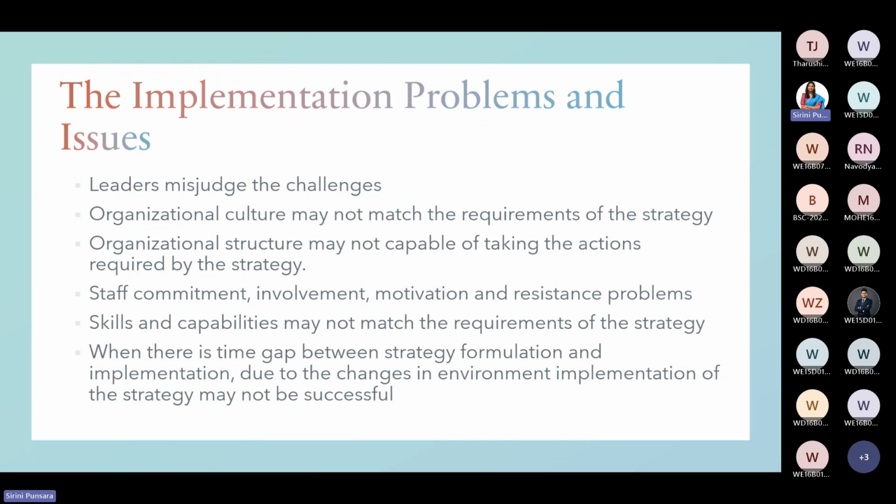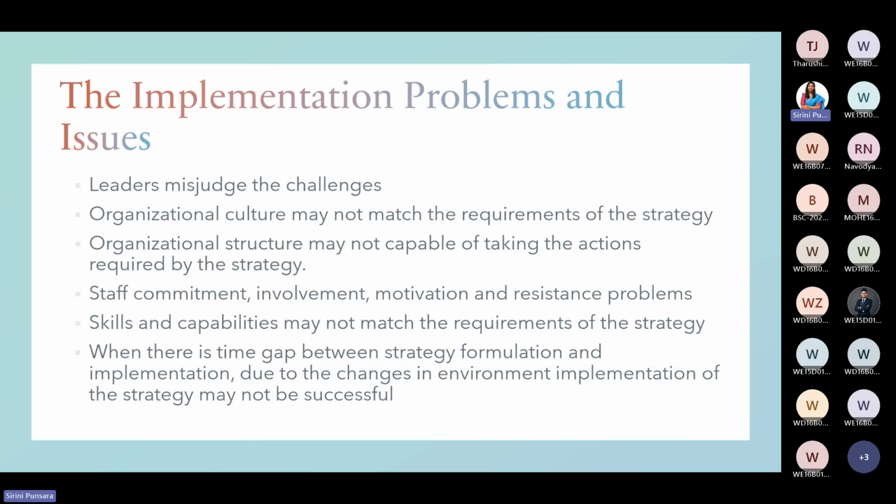And another important thing is, if there is a time gap between strategy formulation and implementation, it can highly impact, because the environment at the time of implementation and the environment at the time of formulation can be totally different, right?